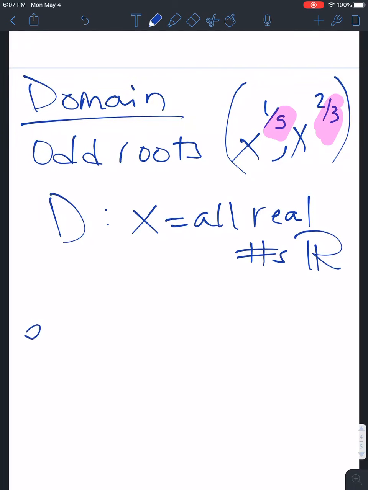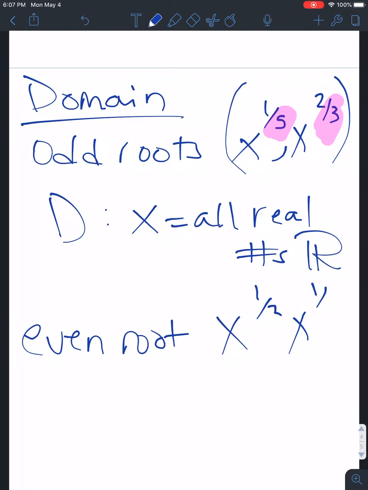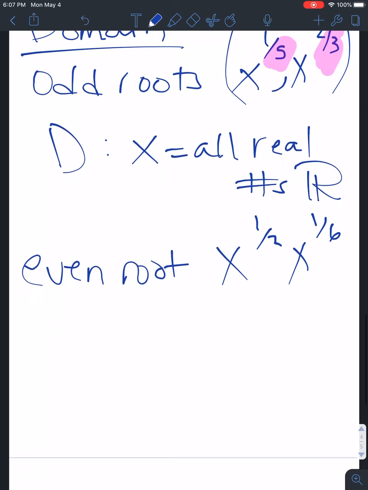If you have an even root, though, like a 1/2 or like 1/6 or anything like that. All right, so any even roots. Remember, an even root, next to the 1/2, well, that translates into a second root of x, or what you'd call a square root of x, right?